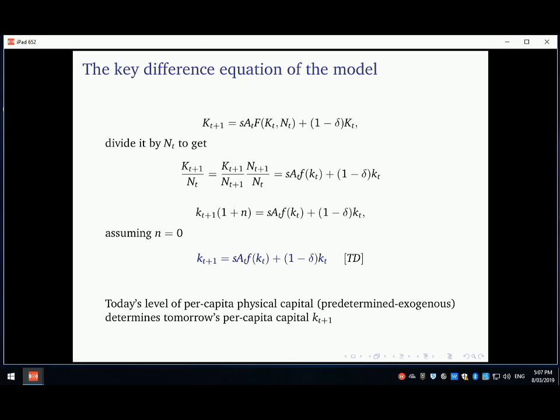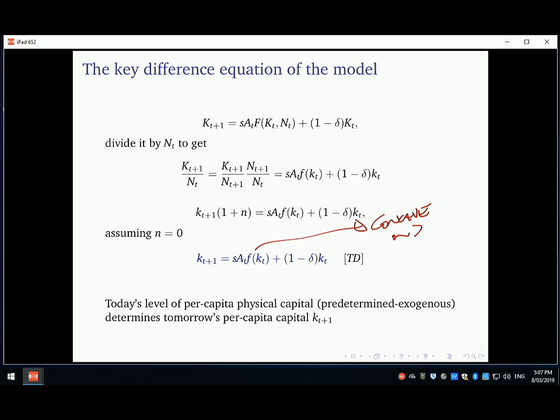How do we do this? Just from this TD equation, we can now make a graphical analysis of the model. How do you think that equation is going to look in terms of shape? On the right-hand side, we have kt. The last term is linear in kt. But the first term is concave in kt. That's why the properties of f are important, right?